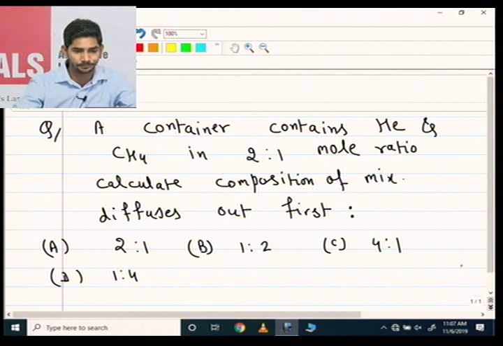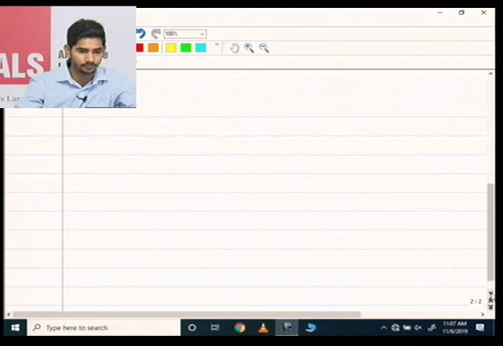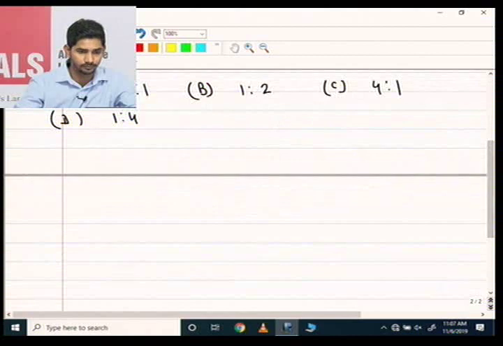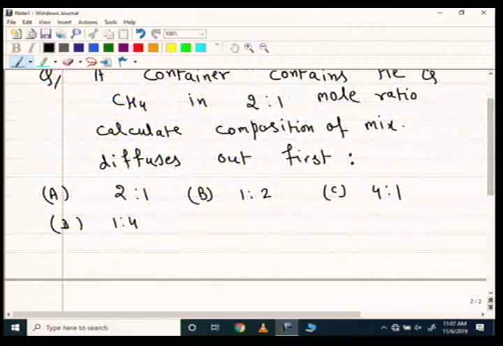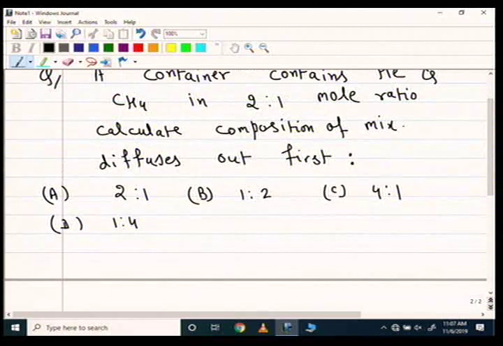Let's start. Guys, read the question. Question is saying container contains helium and the CH4 in 2:1 mole ratio. Okay. Let's see. So, N1 upon N2, which is helium to CH4, is given to us is 2/1.